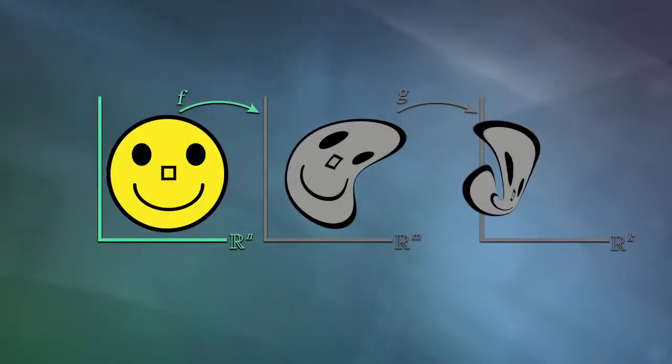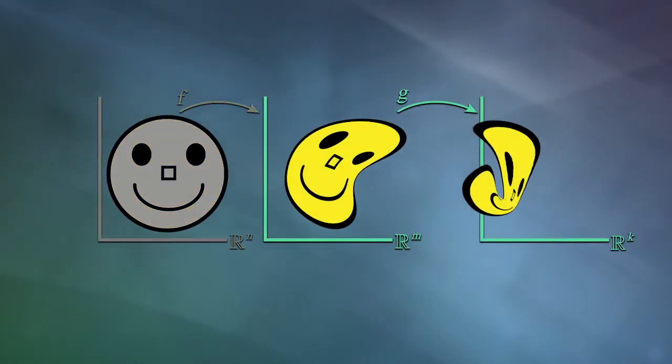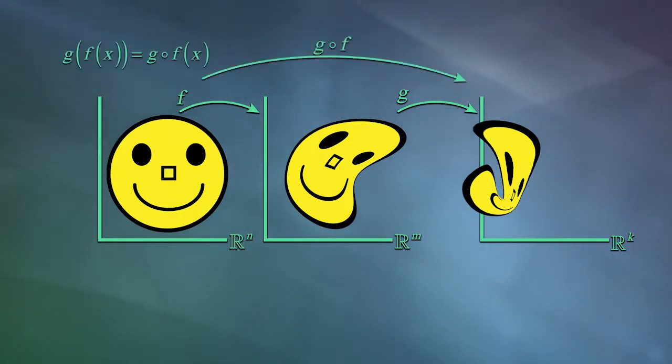Well, for multivariable functions, something similar happens. Suppose you have a function f going from Rn to Rm, and another function g going from Rm to Rk. Then, if x is a point in Rn, how does g of f of x depend on x? The function g of f of x is the composition of g and f, and it's notated g circle f.